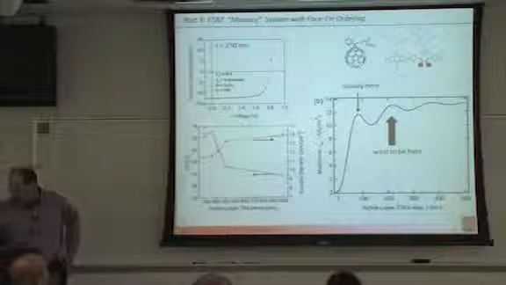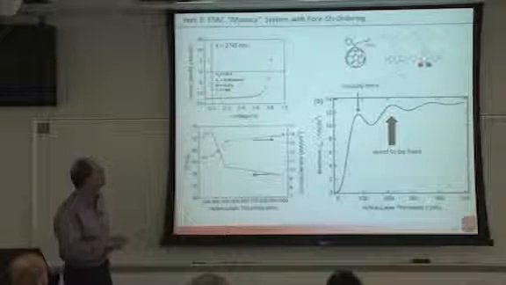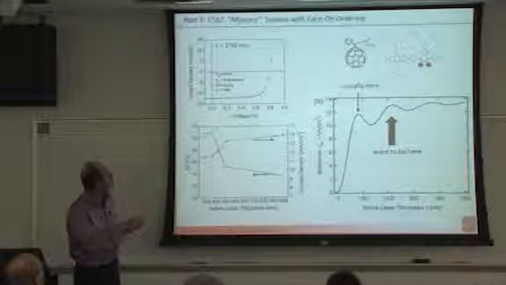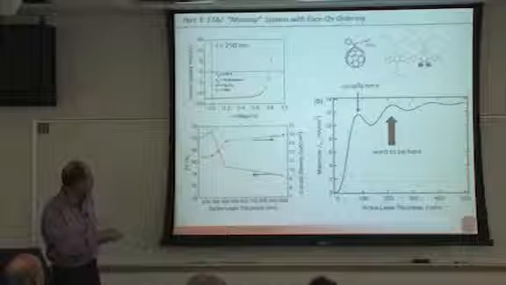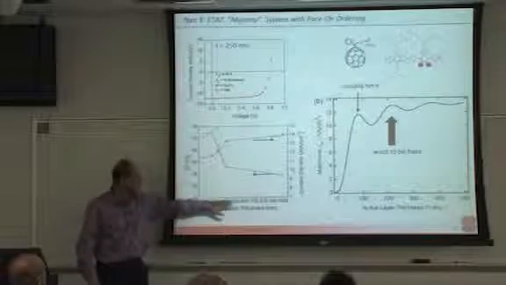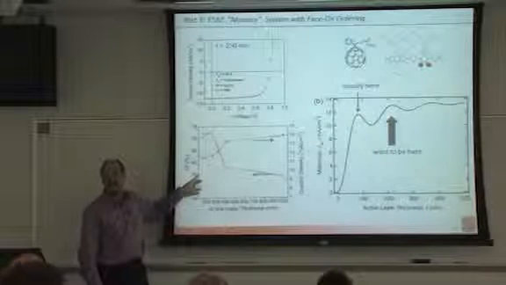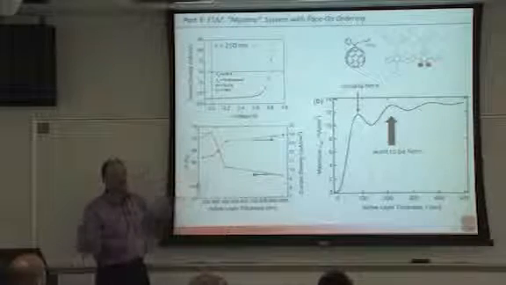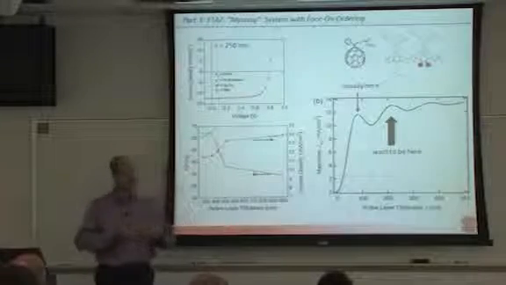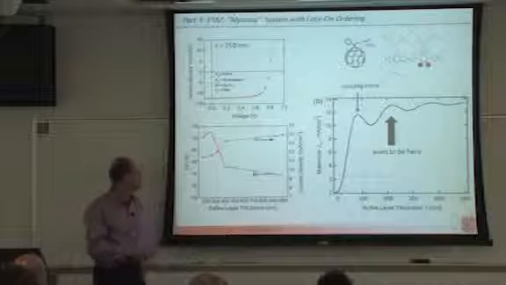So let's go to the mystery system that has some face-on ordering. That's this FTAS fluorinated. And what's so great about this material is you can go to a micron and still get very good fill factor. So there's something intrinsically working very well in this material.